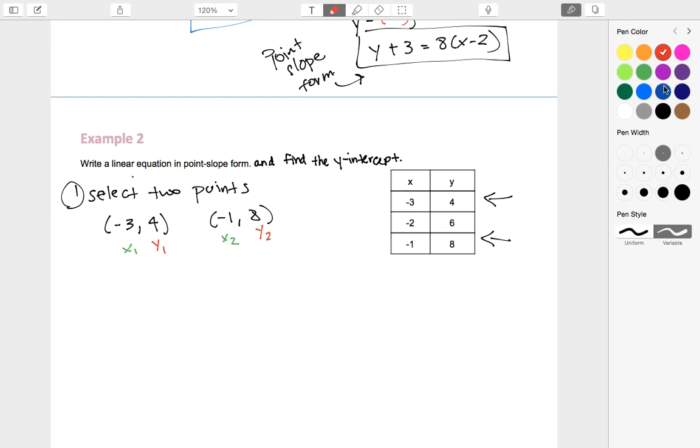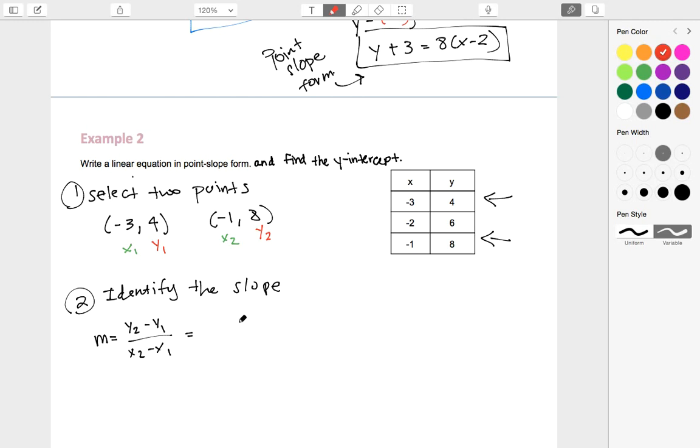Great. Cool. So moving on to step 2, we're going to identify the slope. Right? So again, to use point slope form, we need a point and we need a slope. Well, we got 2 points, which is great because we were given a table. Now we got to identify the slope. So the slope again is y2 minus y1 over x2 minus x1. So we'll go ahead and substitute.